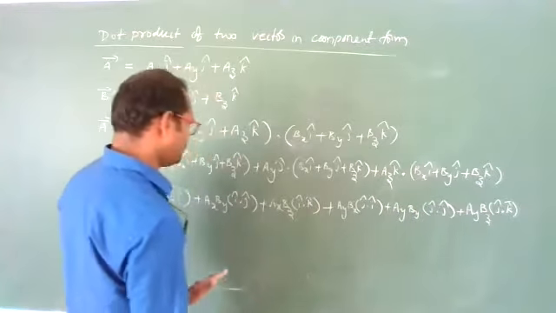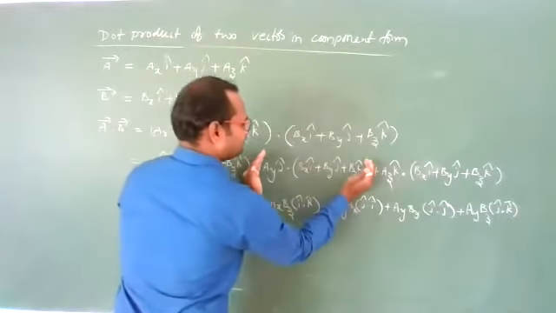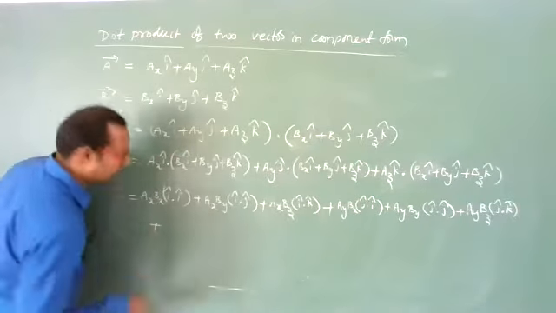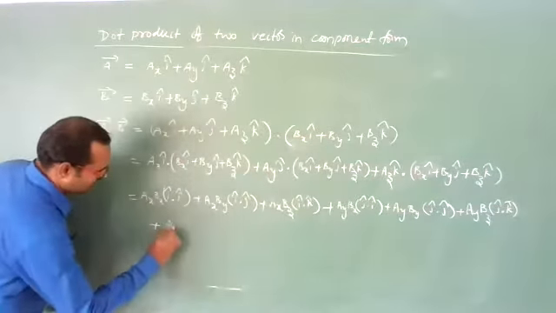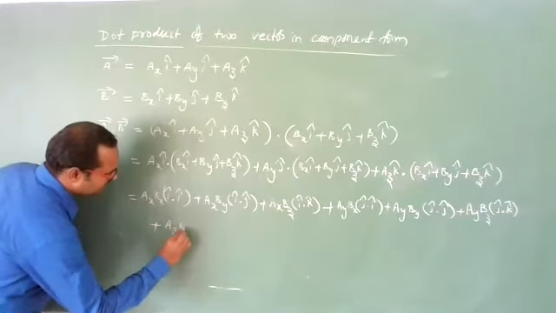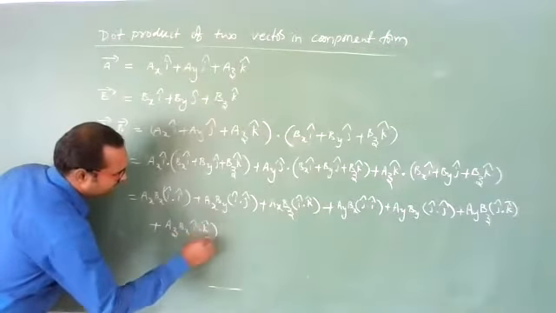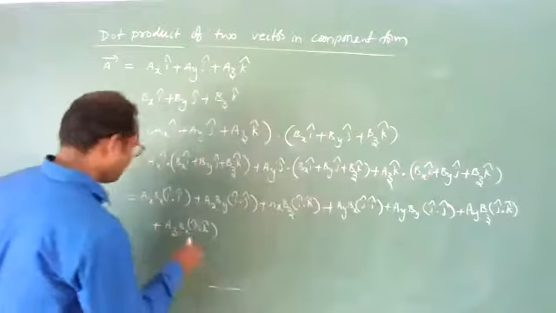So this total gives you this term. Now still it is there. Let us multiply. Here I will write plus az into bx, I cap dot k cap, and here k cap dot I cap.